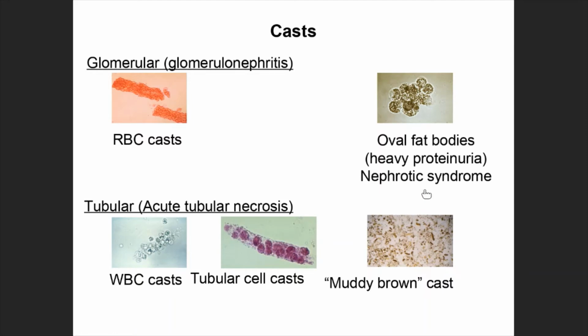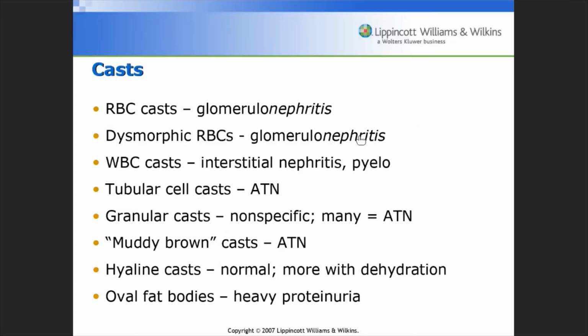So it will be hypoproteinuria, if you will, hypo, right? Low protein. And so the kidney essentially is trying to make more protein, and with trying to make more protein, it also makes a lot of lipid as well. And so therefore you see oval fat cells. So when you see that, think of it as proteinuria.